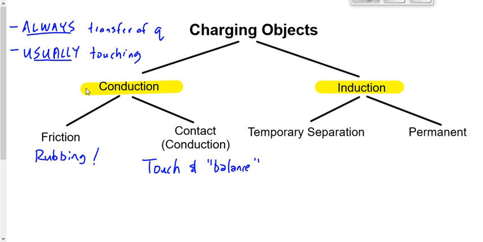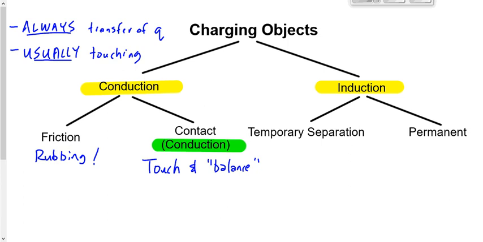Charging by contact is often just called charging by conduction. We often don't use its subcategory name. We just lump it all together as conduction. So realistically, even though there's a couple of different ways of charging by conduction, if you see the term charging by conduction on a test, what it probably means is the touch and balance thing.